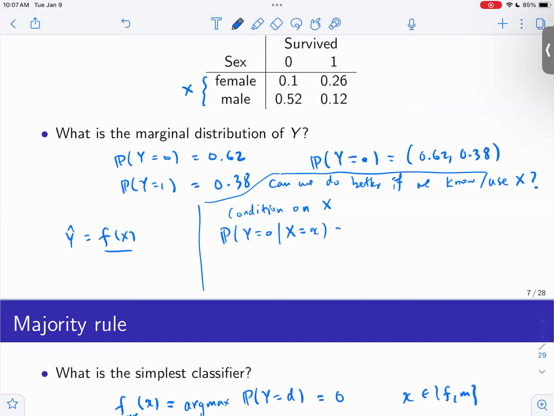I want to compute this for X being equal to F and X being equal to M. So how do we calculate this? Let's say the first one.